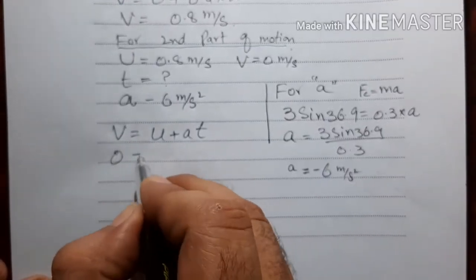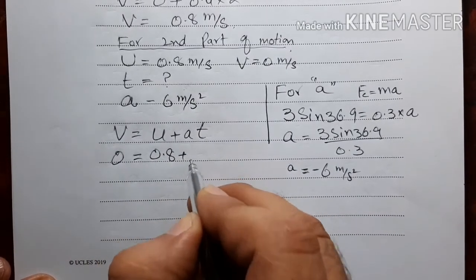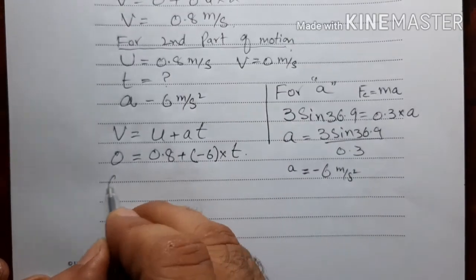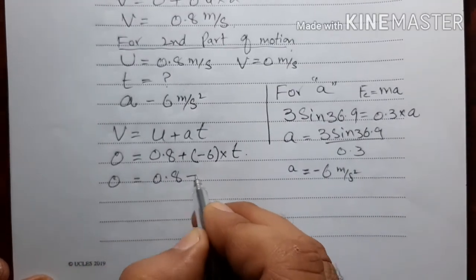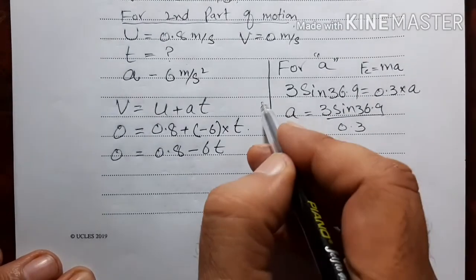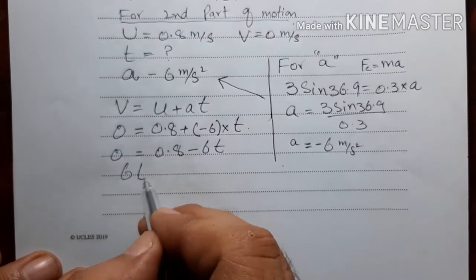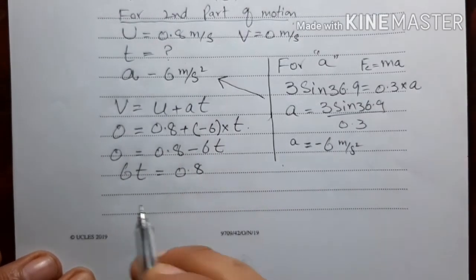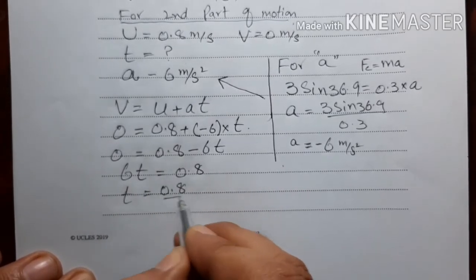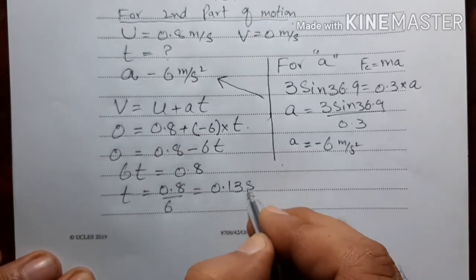Put the values. 0 is equal to U, which is 0.8, plus A, which is minus 6, into T. So this will be 0 is equal to 0.8 minus 6T. Take 6T on the other side. So 6T is equal to 0.8, or T is equal to 0.8 over 6, which is 0.13 second.